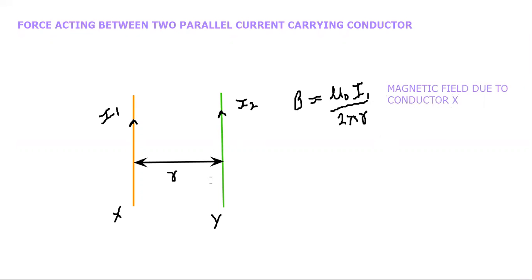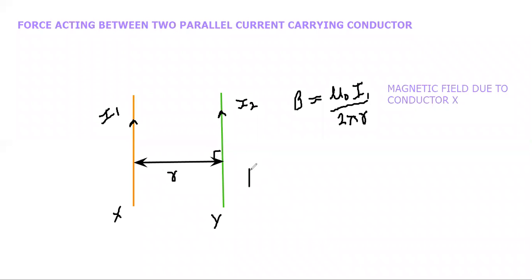Now, as the Y conductor is coming in the magnetic field of X, it will experience a force. Now, why will it experience a force? We know this. We did the expression of the force acting on a current carrying conductor in a magnetic field. That was BIL sin theta. So in this case, theta would be 90 degrees.